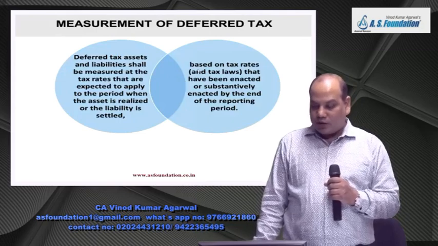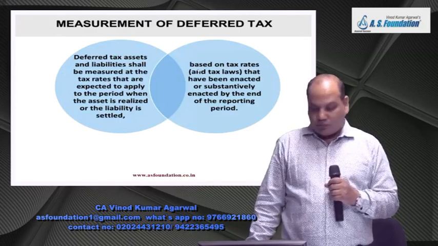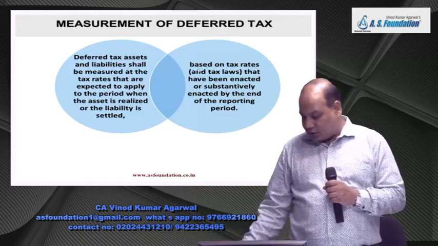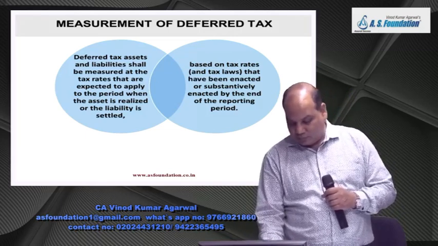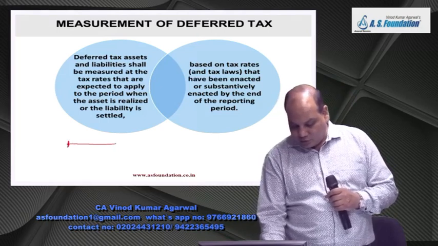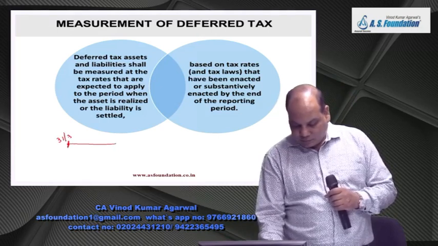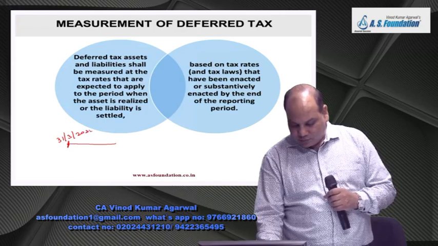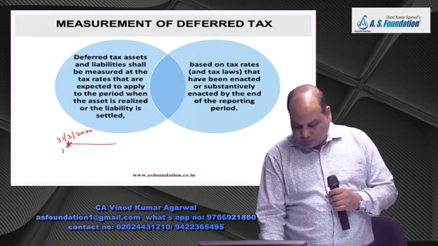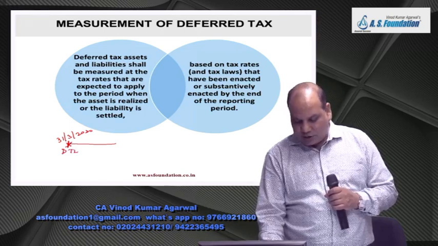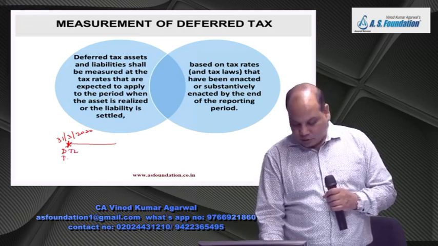For current tax, we know what rate we have to apply. What about deferred tax? In case of deferred tax, the situation can be different. This is my year ending date, 31st March 2020. I have to create DTL in my book, or I have to create DTA in my book.